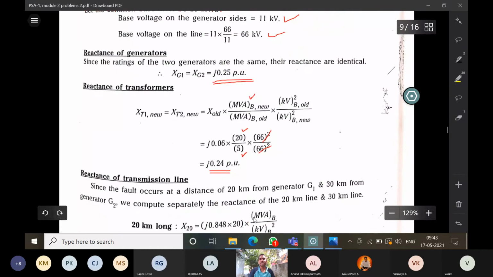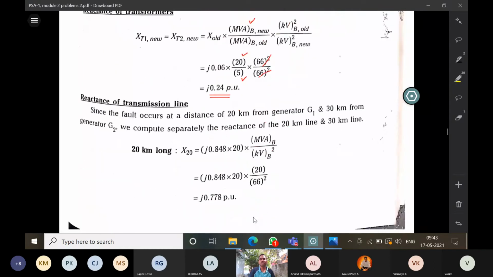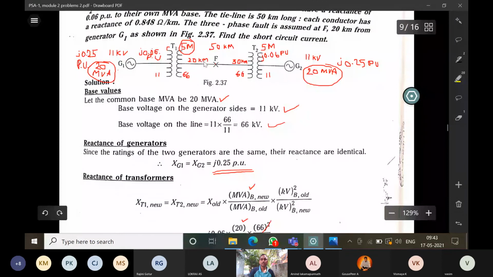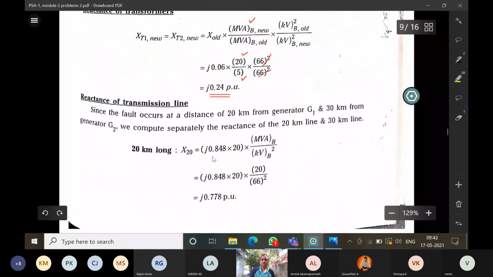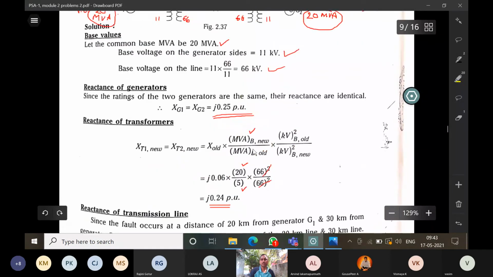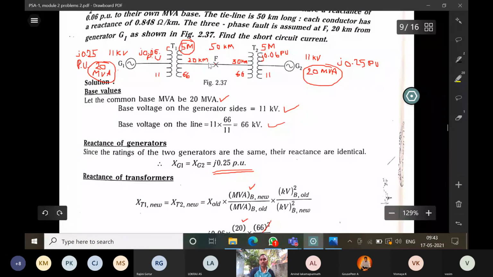The reactance of the transmission line is to be calculated. We need to calculate 20 kilometer and 30 kilometer individually, because the fault is in between. Therefore two reactances will come, connected in parallel.